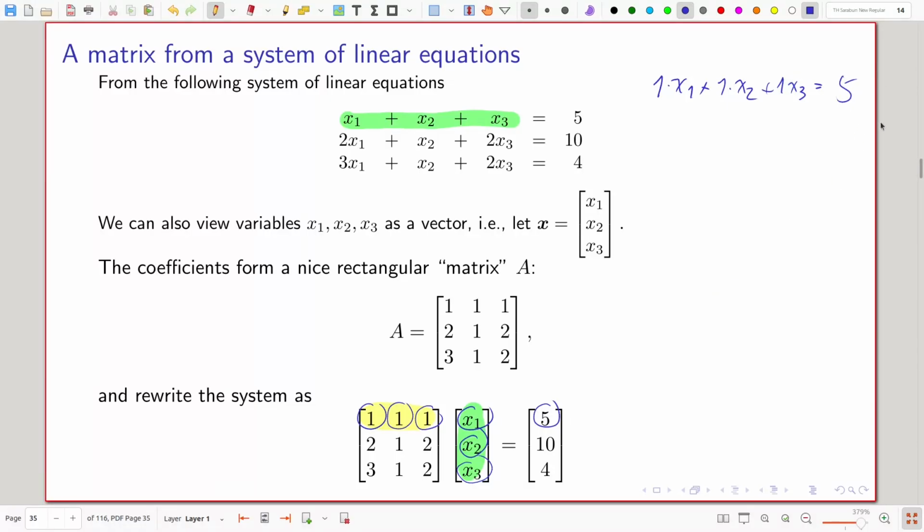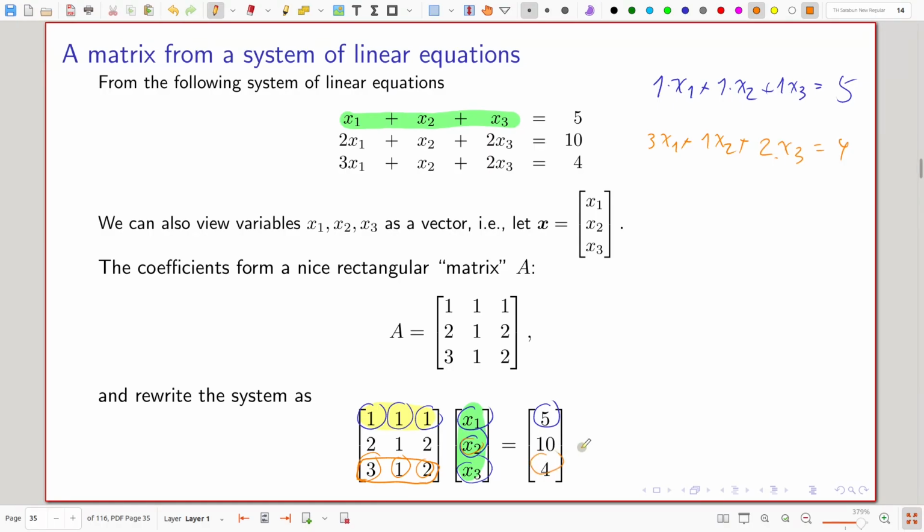And you can do the same on the third row: 3 times x1 plus 1 times x2 plus 2 times x3 equals 4.